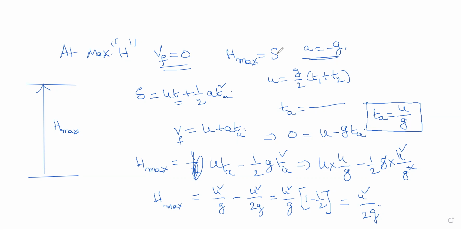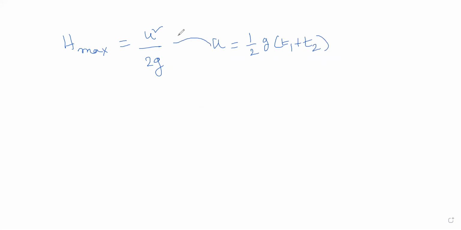Noted, sir. Very good. Now we got h max is equal to u square by 2g. But what we got as u? u is half g into t1 plus t2. Let us substitute this here.